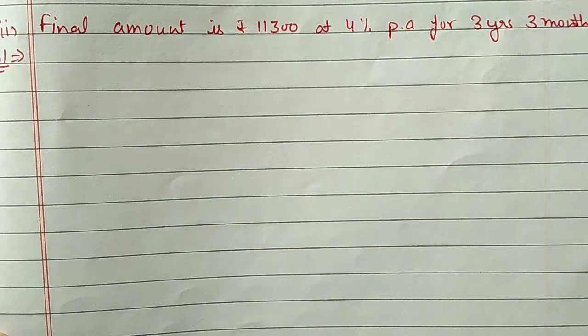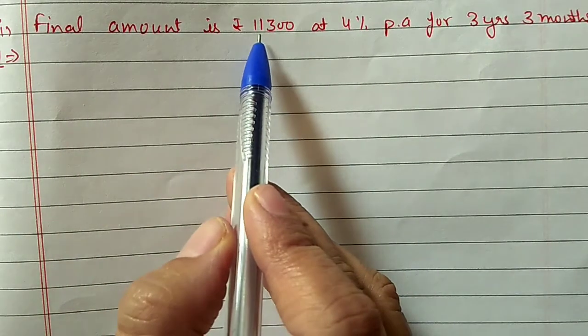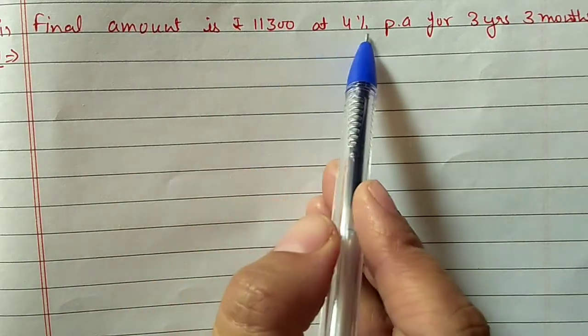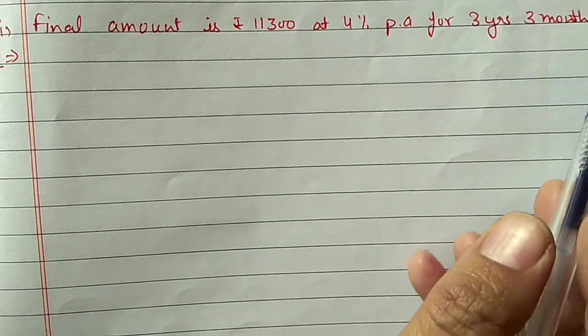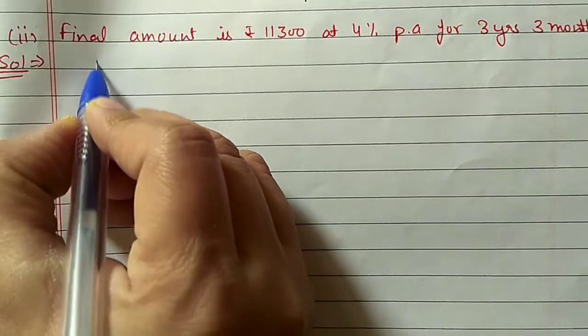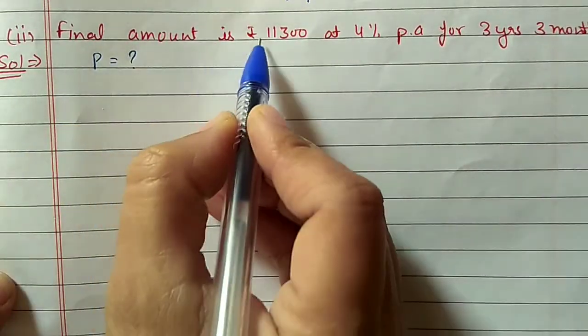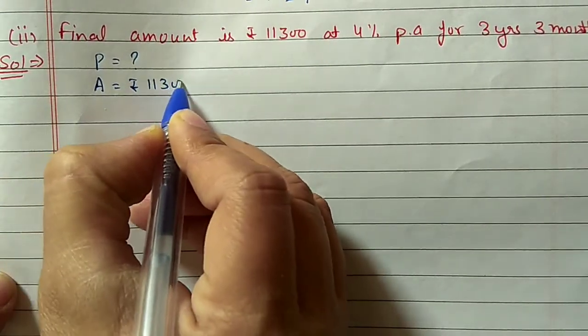Next question, second part of the fifth question. Find the final amount is 11,300 rupees at 4% per annum for 3 years 3 months, and we have to find the sum of money. Sum of money means principal we have to find out. Amount is given here 11,300 rupees.